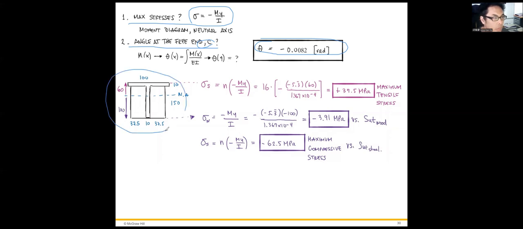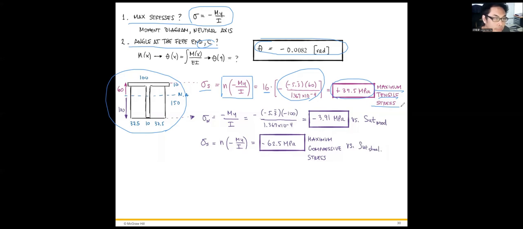If we go back to the original shape of this composite beam, sigma S represents the stress of the steel, and the factor n equals 16. We plug all these numbers in, and we get the stress of the steel is 37.5 megapascal, which is the maximum tensile stress.